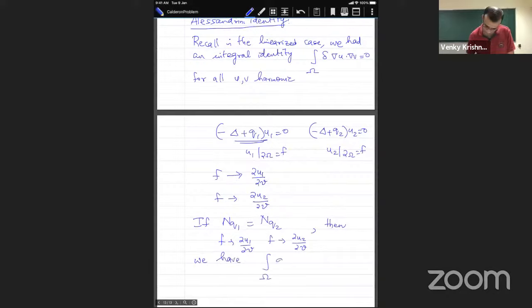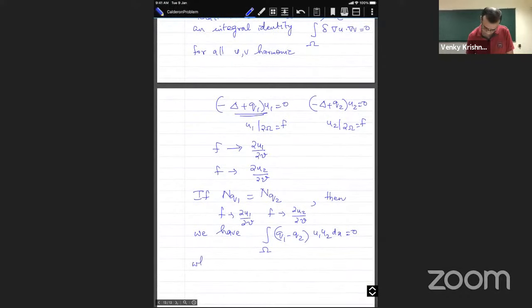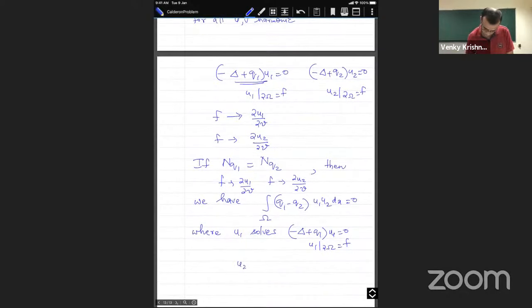the integral over Ω of (q1 minus q2) u1 u2 dx is equal to 0, where u1 solves minus Laplace plus q1 u equal to 0, with u1 restricted to ∂Ω equal to F, and u2 solves the analogous equation with q2.